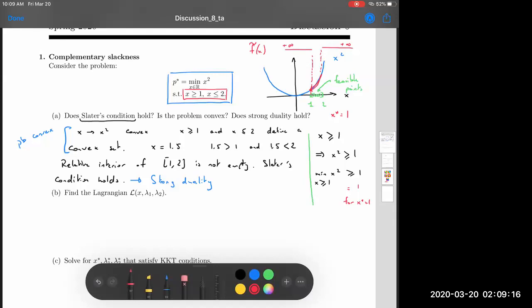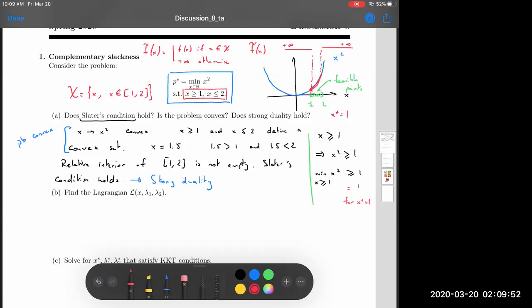So this function is equal to the function itself if x is feasible and plus infinity otherwise. And the set of feasible points is just the set of points such that x is greater than 1 and smaller than 2.